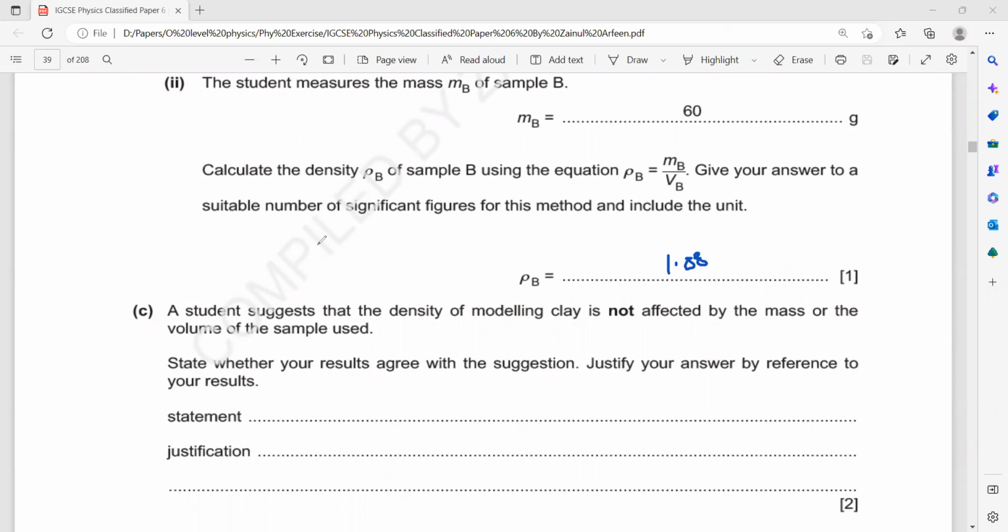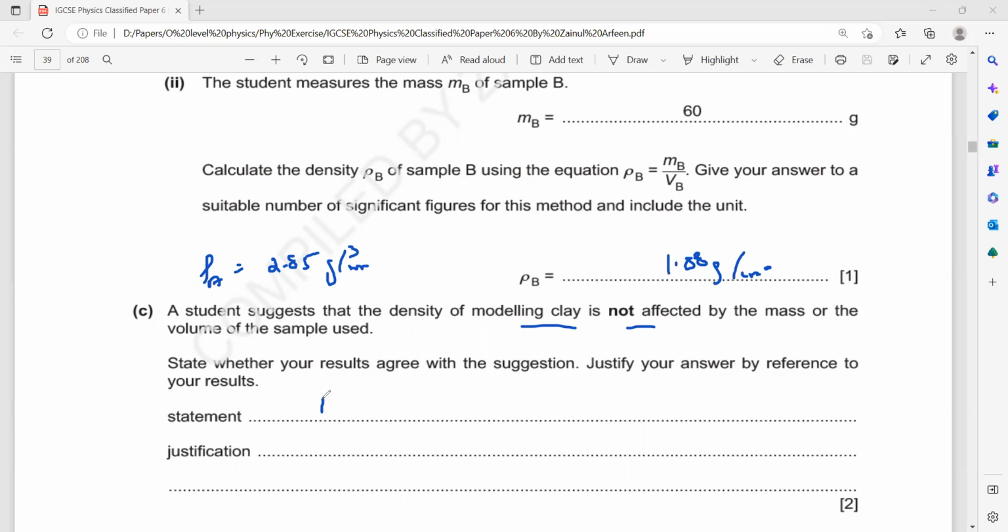According to theory, yes, density should not be affected by the size or the mass. It depends on the type of material. Here we have 1.88, and with the first method we were getting 2.85 gram per centimeter cube. So you can see when we change the method, we get a different density. State whether your results agree with the suggestion and justify by reference to your results.